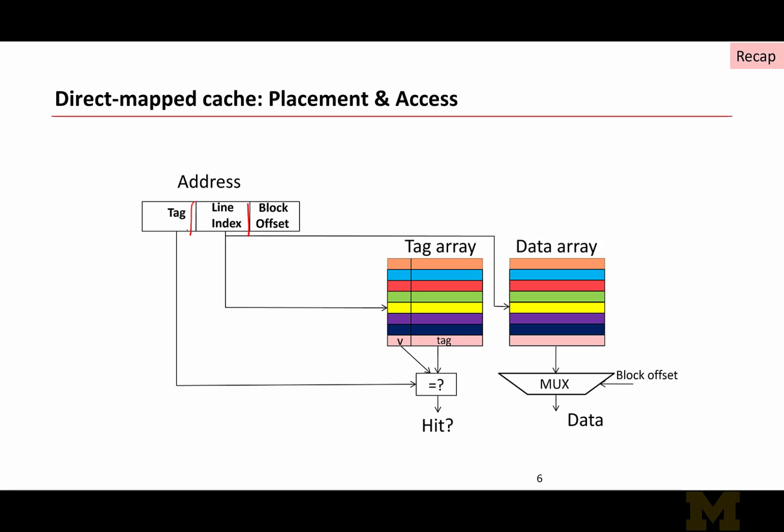Okay, let's look at the dynamics of how a direct mapped cache would work. So given an address, the cache would break it into 3 parts as opposed to 2 in the case of fully associative cache. We now have this line index.